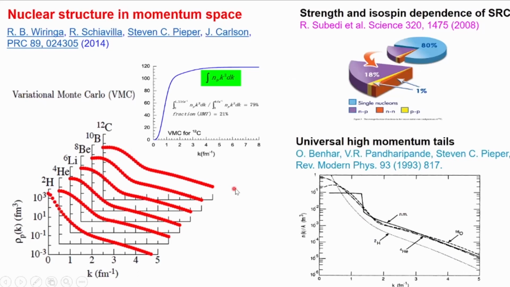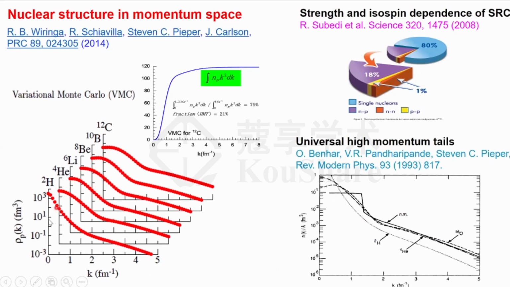Now, the pictures I have shown you are kind of simple-minded phenomenological models, with some of them done in perturbation series. People have actually studied in great detail the momentum distribution of nucleons in nuclei using microscopic many-body theories, such as variational Monte Carlo.